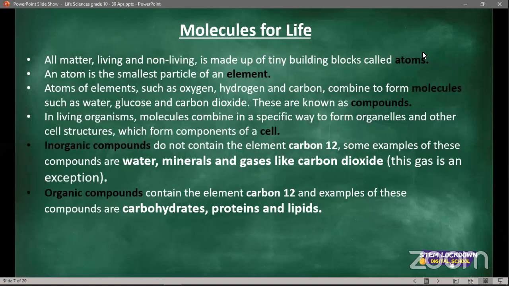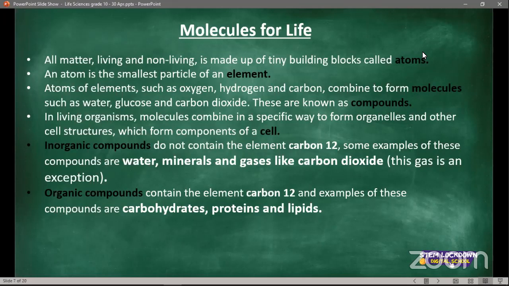So an atom is the smallest particle of an element. And atoms of elements such as oxygen, hydrogen, and carbon combine to form molecules such as water, glucose, and carbon dioxide. So these molecules are known as compounds.